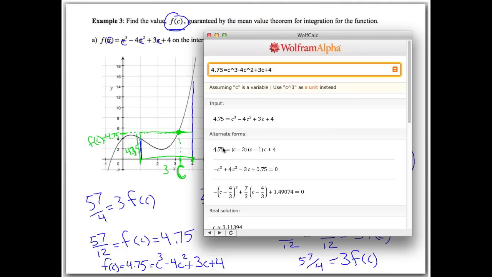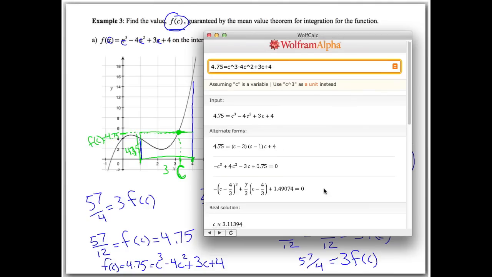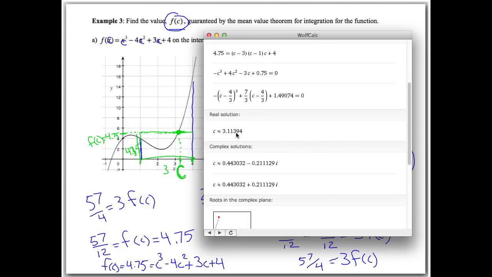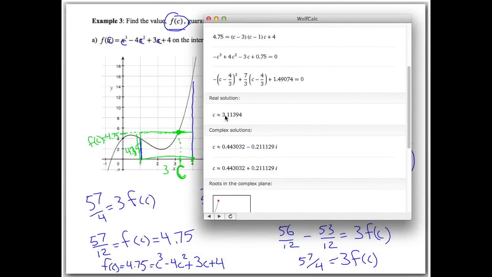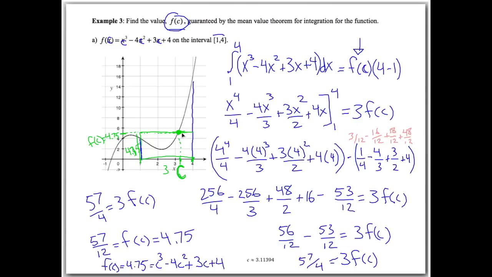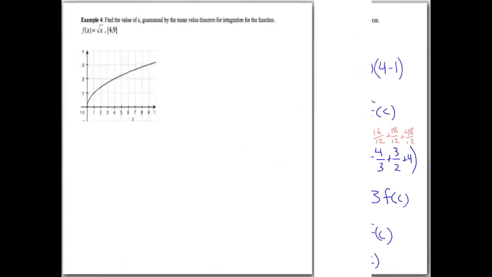Okay, so it gives a lot of information. It shows some factored forms here, but it gives us a real solution of about 3.11394. And that is an approximation there. And if we look, we'll see that our c value does fall at about 3.11. Okay, so that's how you find the value f of c, and then also how you find the c value that will give you the f of c.